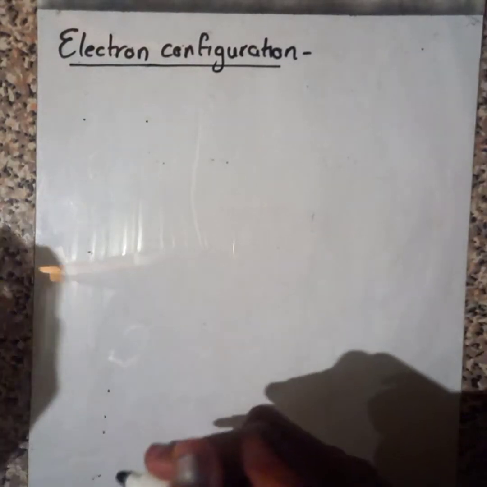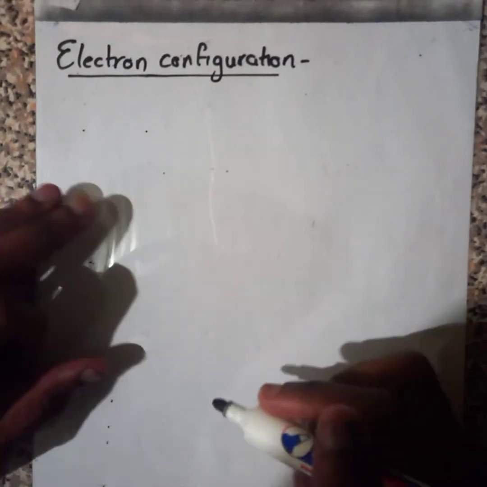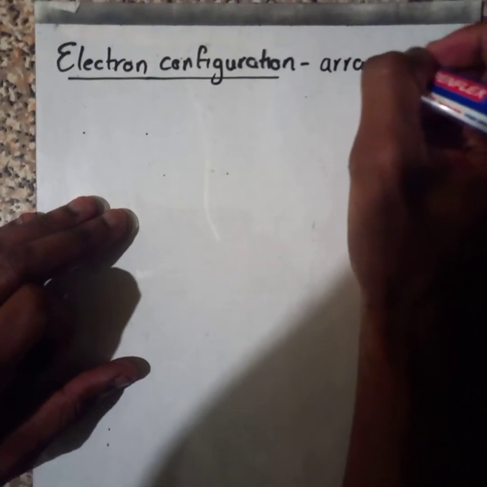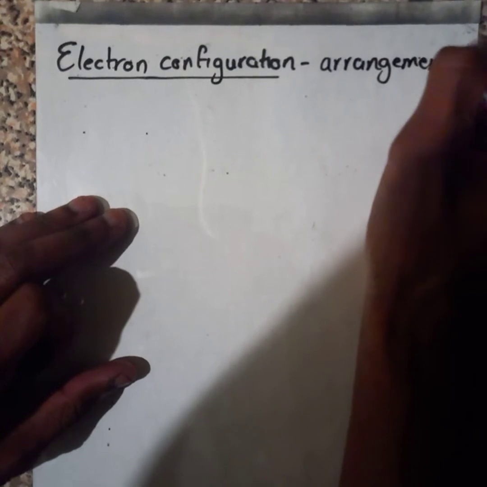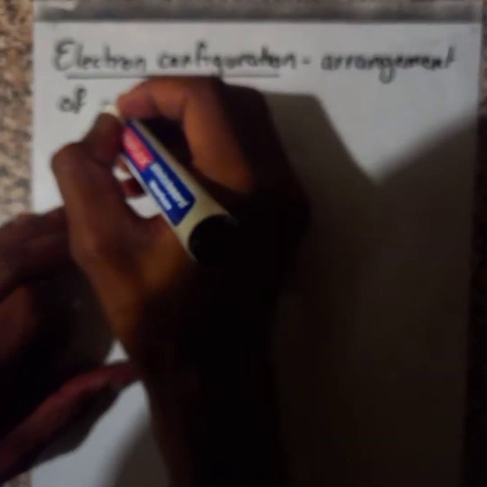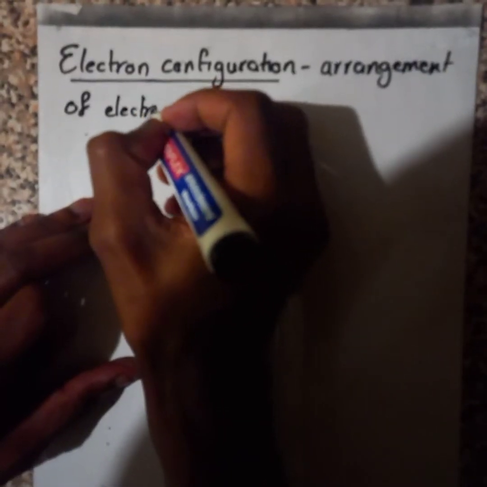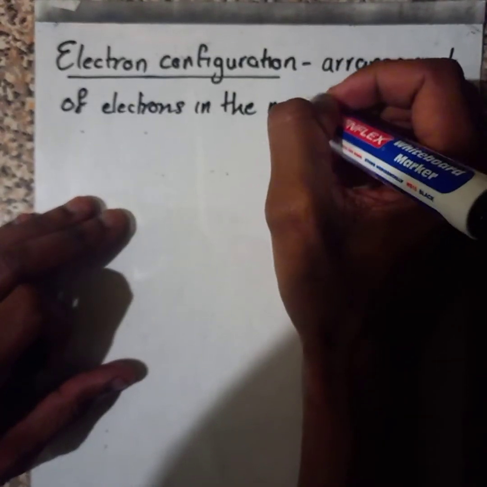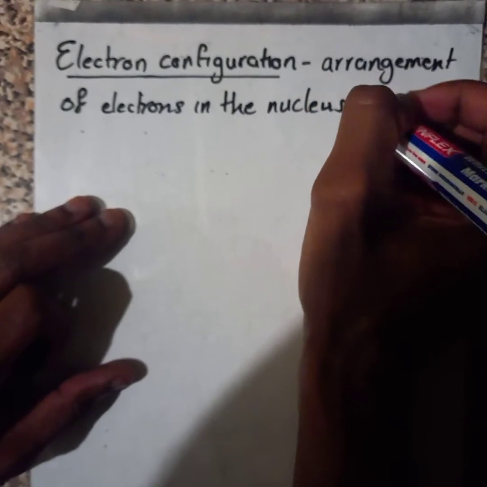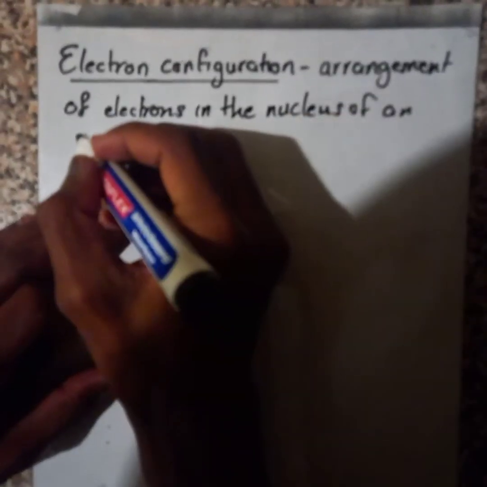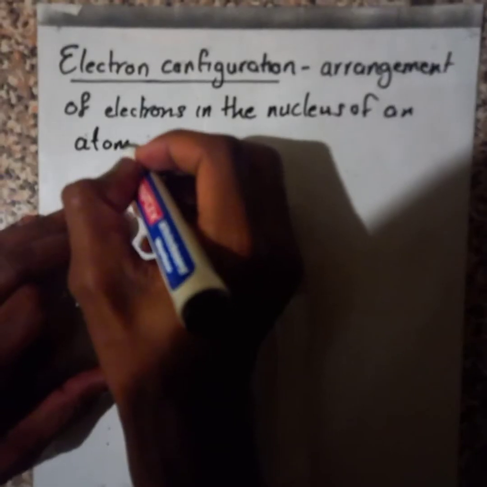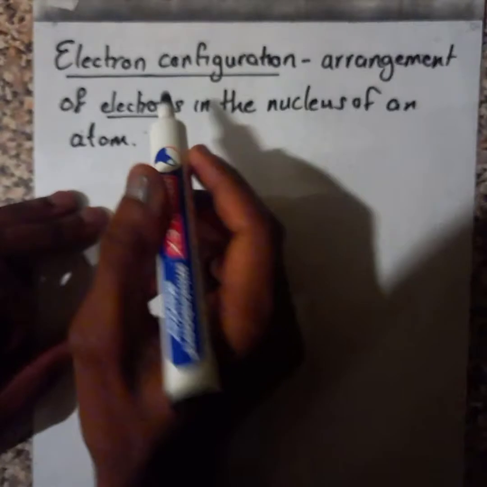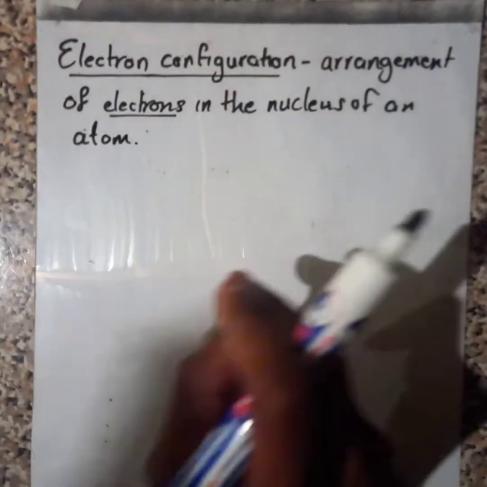By definition, the term electron configuration simply implies the arrangement of electrons in the nucleus of an atom. You see, it's the arrangement of what? Of electrons in the nucleus of an atom.